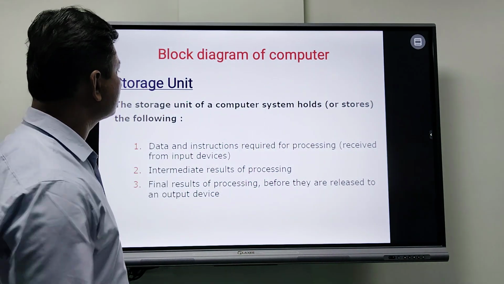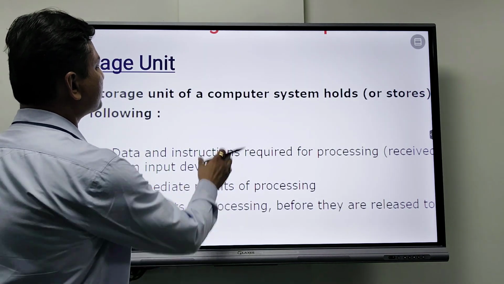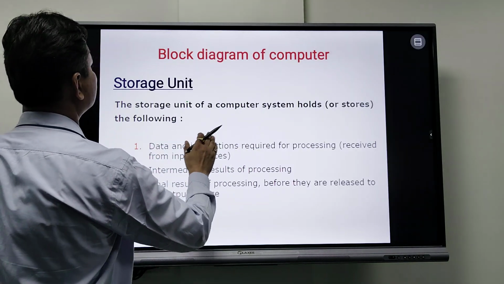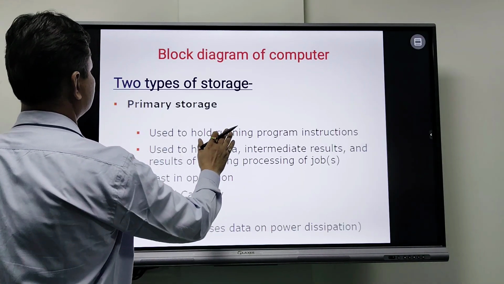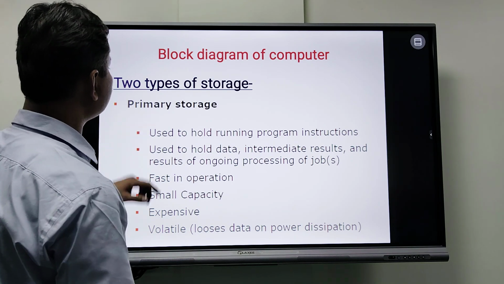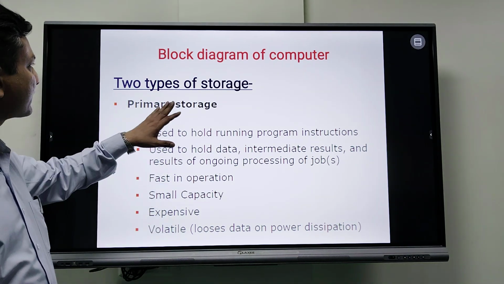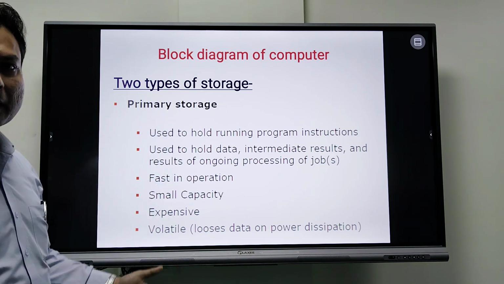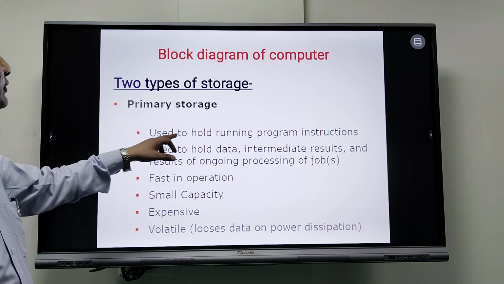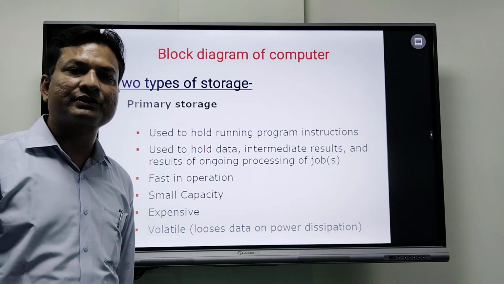Now we will look at the differences between primary and secondary storage. So these are the features of primary storage. First one is it is used to hold running programs and instructions.